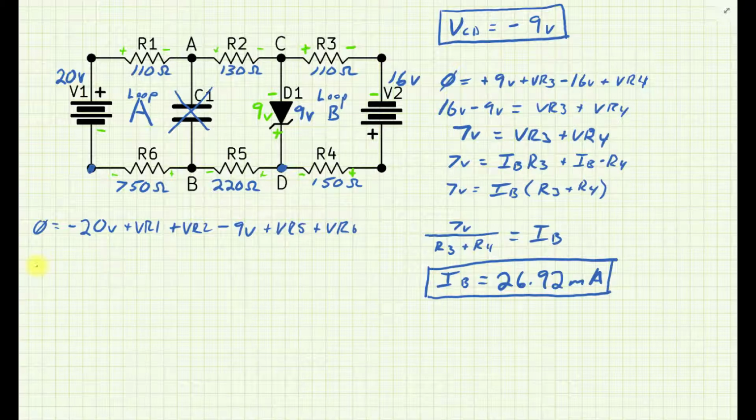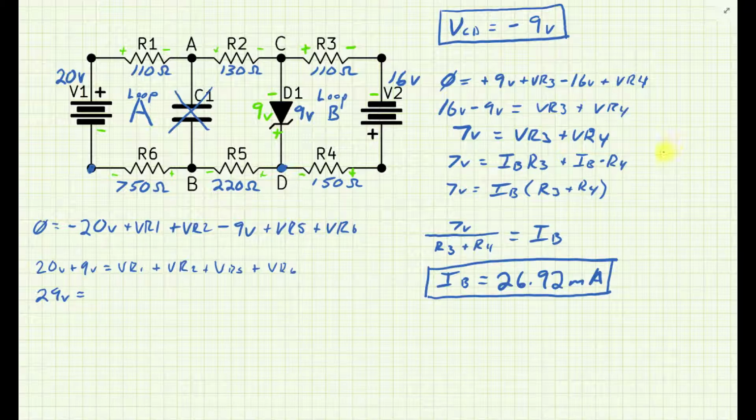Now this loop is going to be 20 volts plus 9 volts equals the sum of VR1 plus VR2 plus VR5 plus VR6. Alright, well that's cool. So this hopefully is pretty easy math. 29 volts equals, now I'm going to write this out and factor it at the same time.